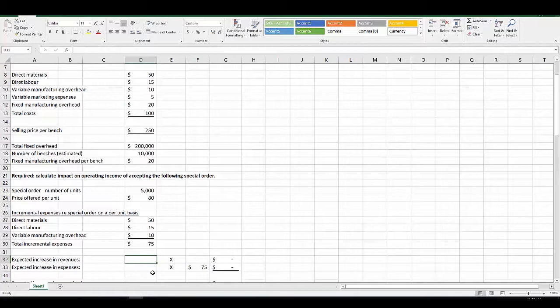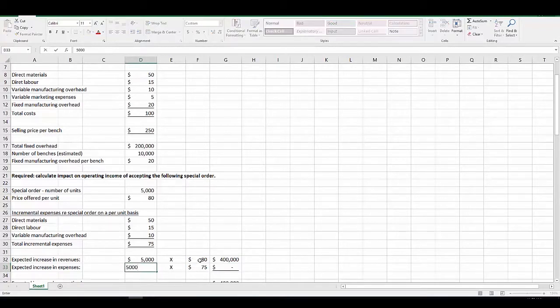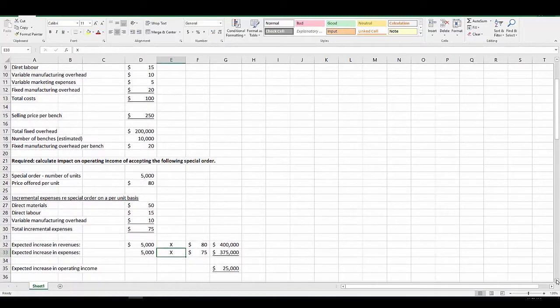So we have the 5,000 units, and they are going to be sold for $80 per unit, $400,000. Our expenses, we're going to have 5,000 units, and the expenses that we just calculated is $75, comes to $375,000, and the increase in operating income is $25,000.